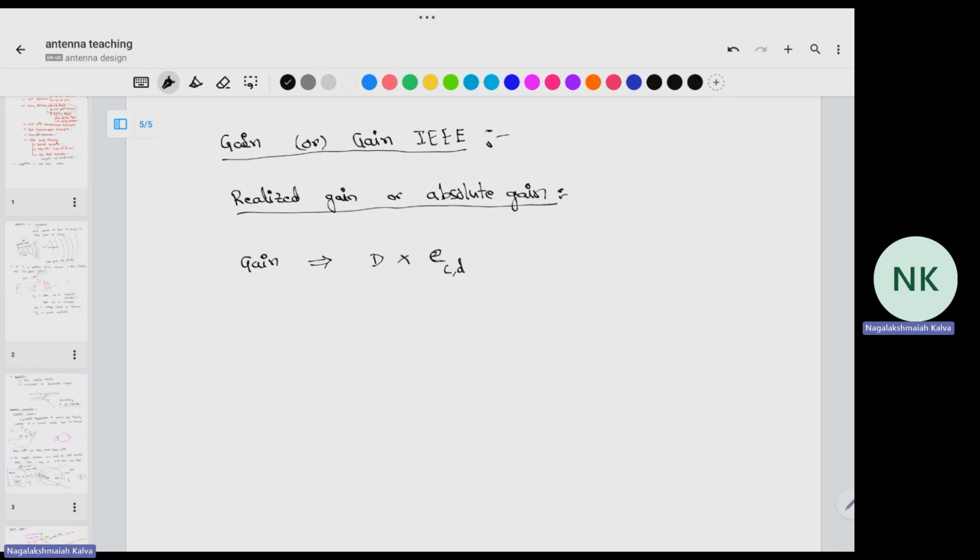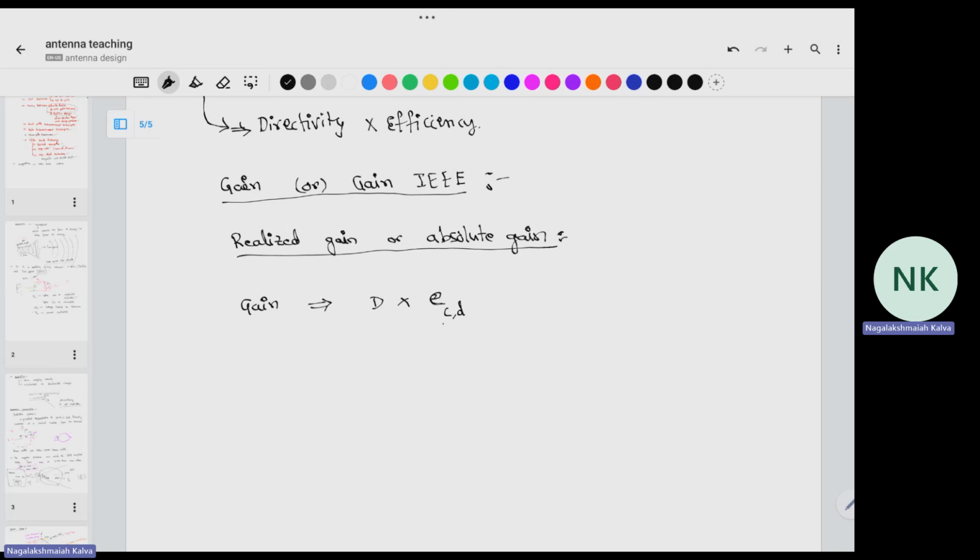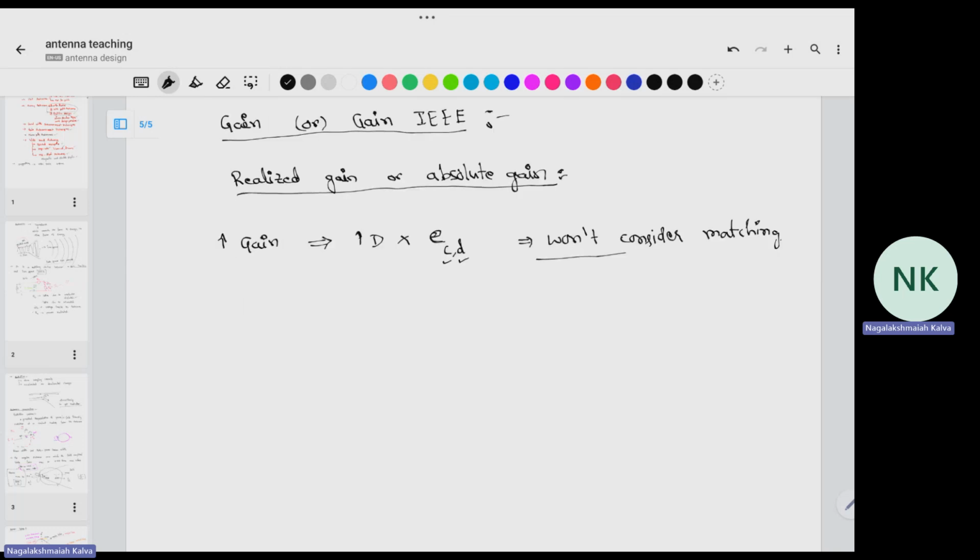So if your antenna does not have any conductor losses or dielectric losses, your directivity is approximately equal to gain or gain IEEE. Here they won't consider S parameters or matching. How much power is coming to the antenna and how much is radiated, they won't bother about this.